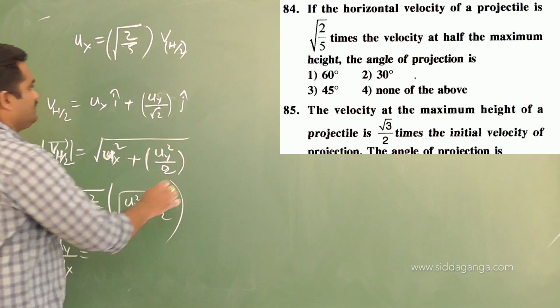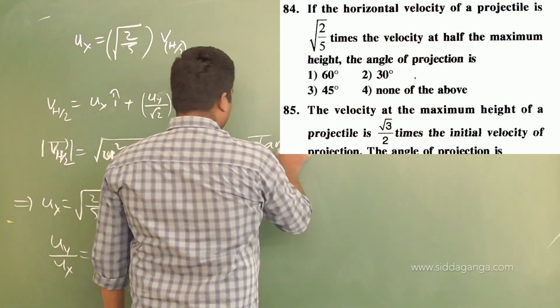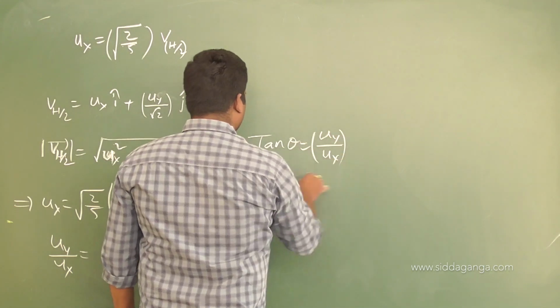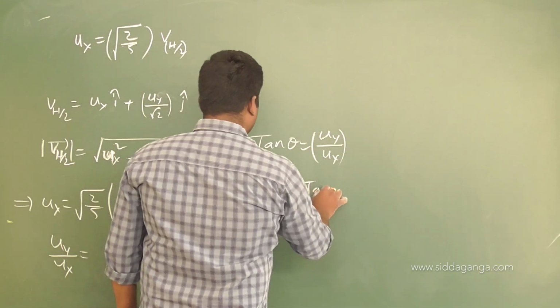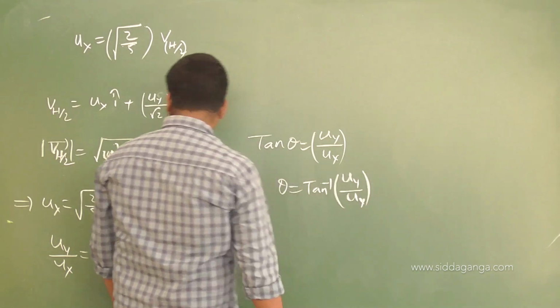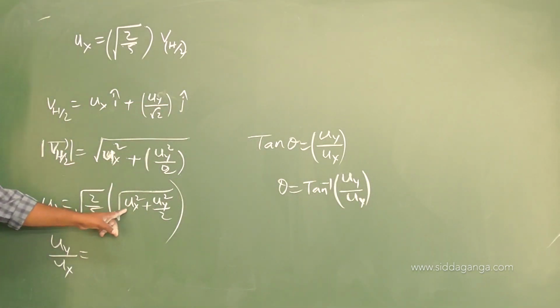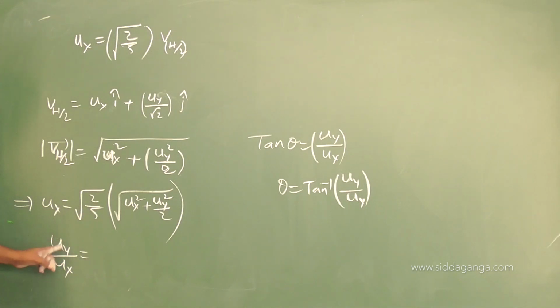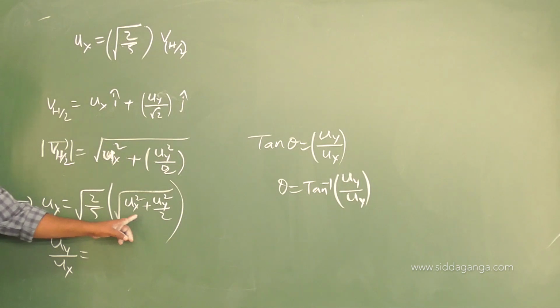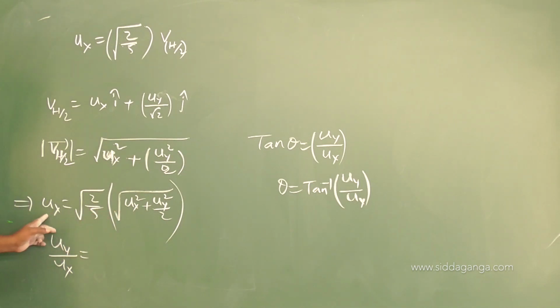Actually tan theta equals uy by ux, or theta equals tan inverse of uy by ux. This is the formula to find the angle of projection. From this relation you have to solve for uy by ux. Upon squaring, you will get the value so easily.